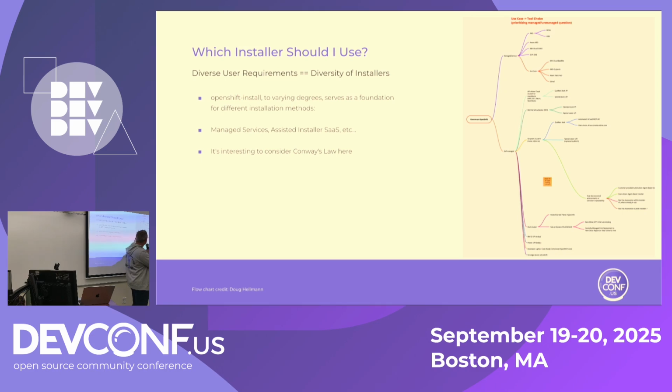If you're a user trying to figure out, I want OpenShift, you do have to think about what kind of OpenShift you want. Do you want a managed service, in which case you would use ROSA if you're going on AWS, or ARO if you're going on Azure? When I say managed, that means you're delegating, you're getting the cluster as a service. Red Hat itself is managing the cluster for you.